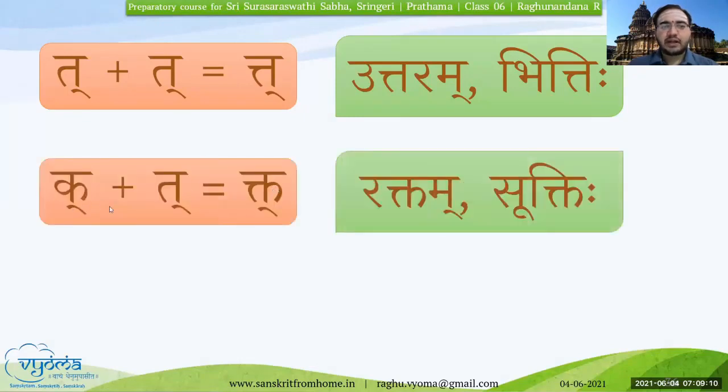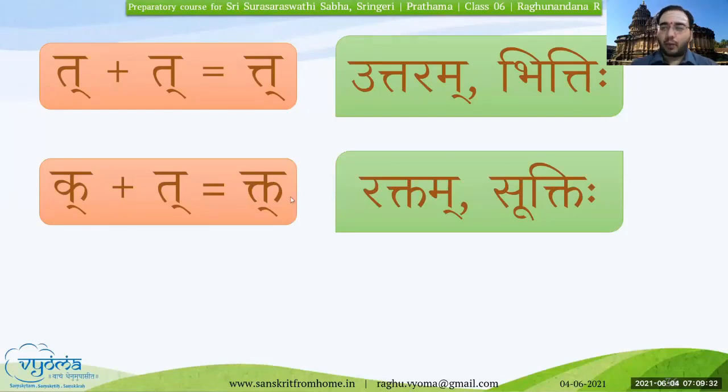And next is K, T, T. In the font, we get this special character, which resembles, for the first one, a takara with one line. And here, if you see, there is again a half portion of ka towards the right.